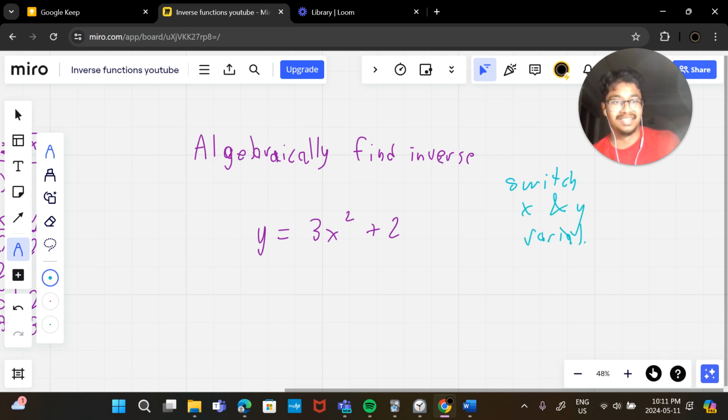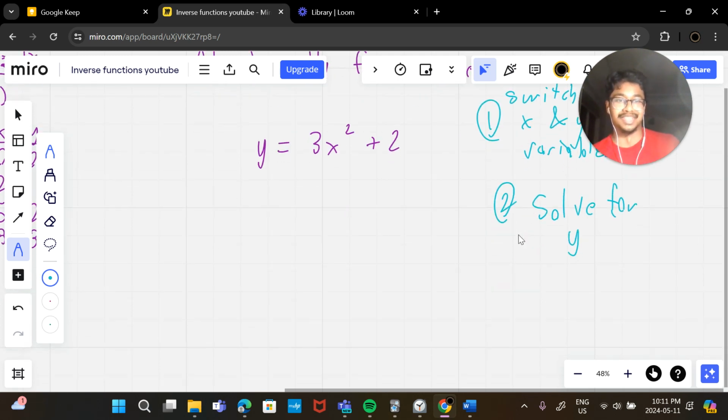That's it. That's really all you need to do. So that could be your step one, and then your step two would just be to solve for y. And then a bonus step that I'll put down is to write in function notation.